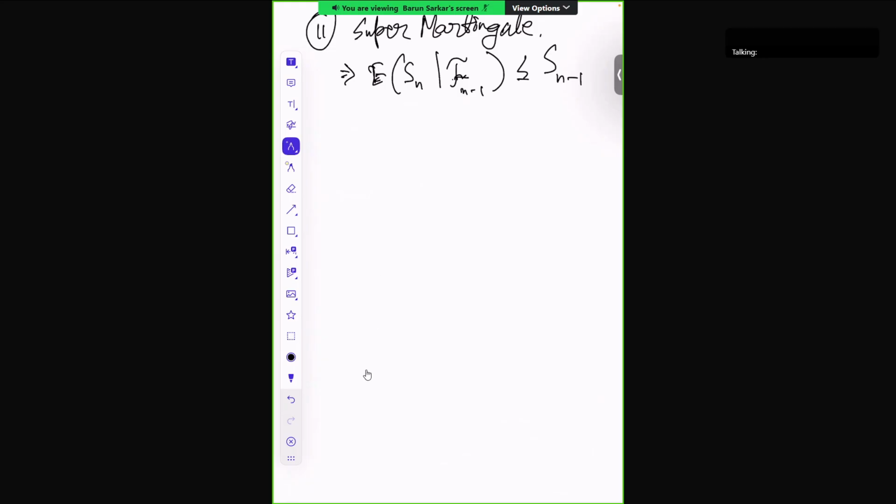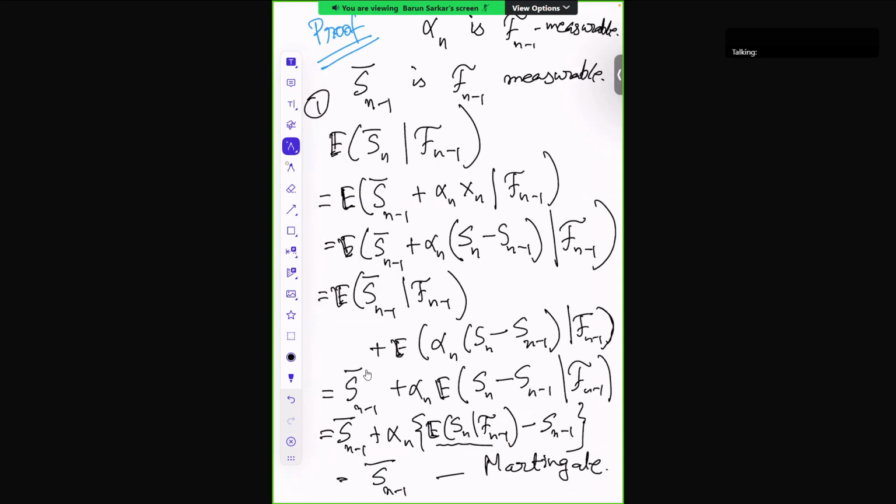So from the beginning the calculation will come up to this part.